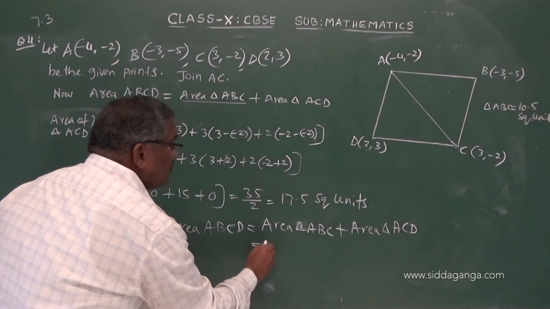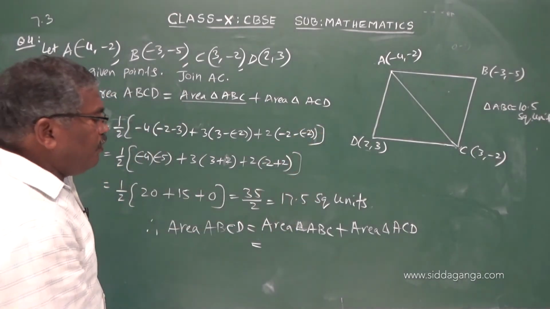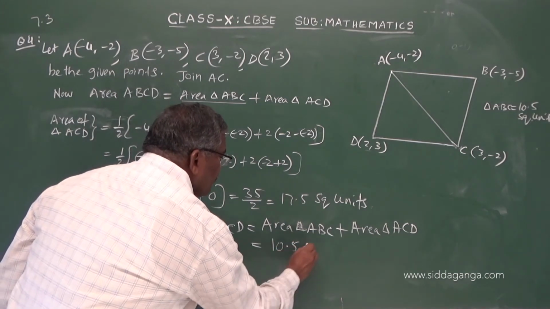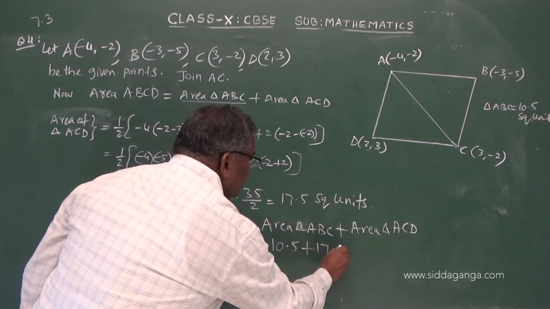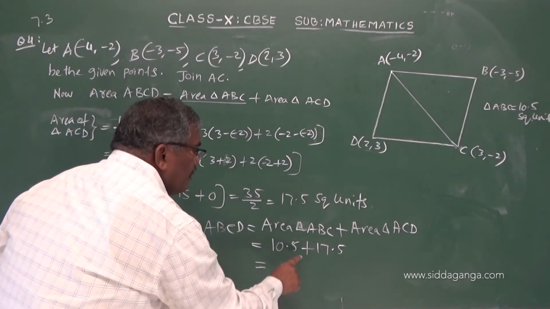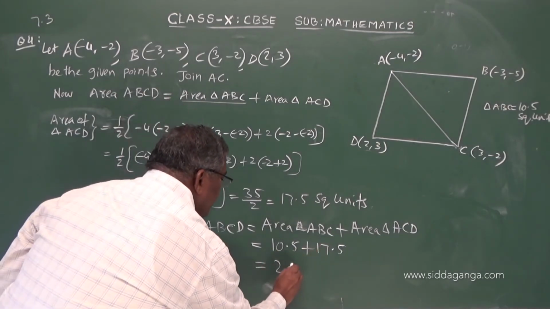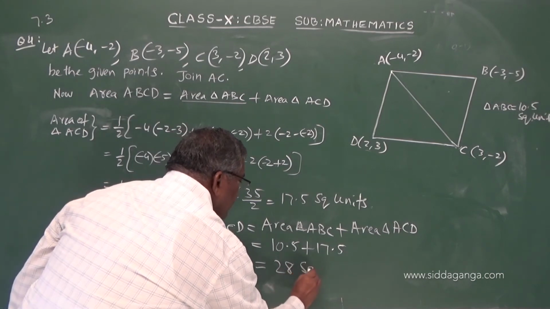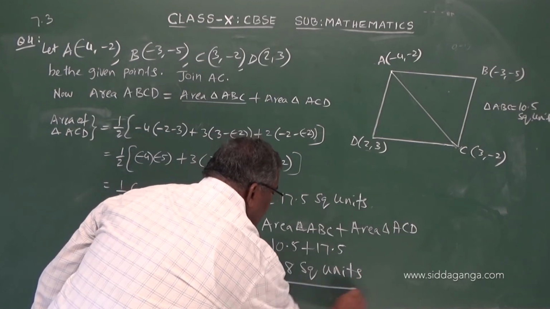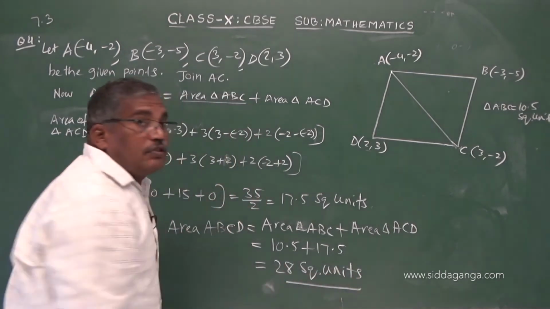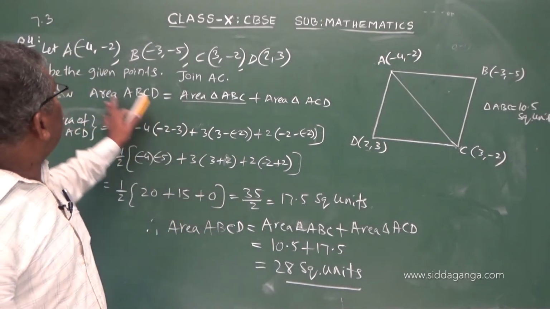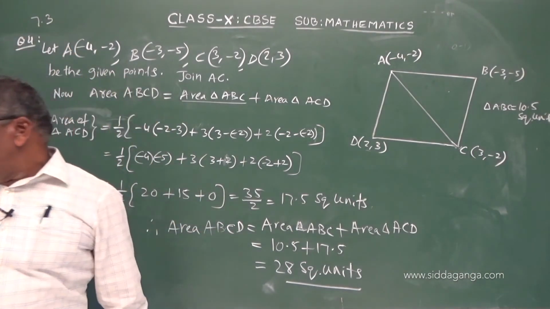So this equals, first one we got 10.5 square units plus this is 17.5 square units. So 28 square units. So this is question number 4.